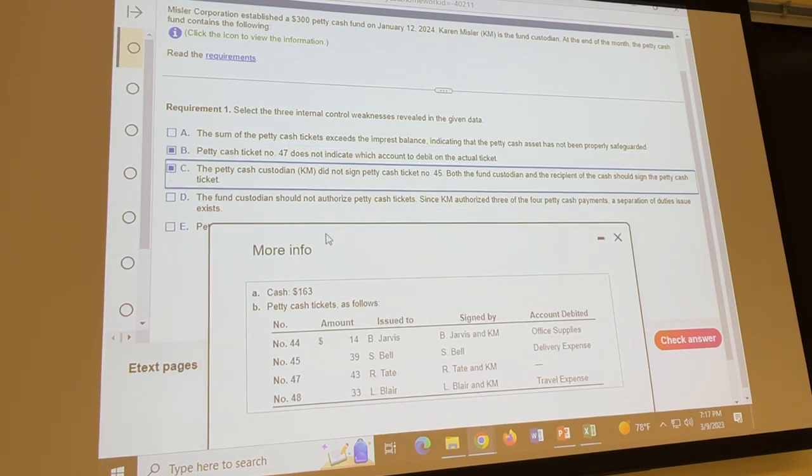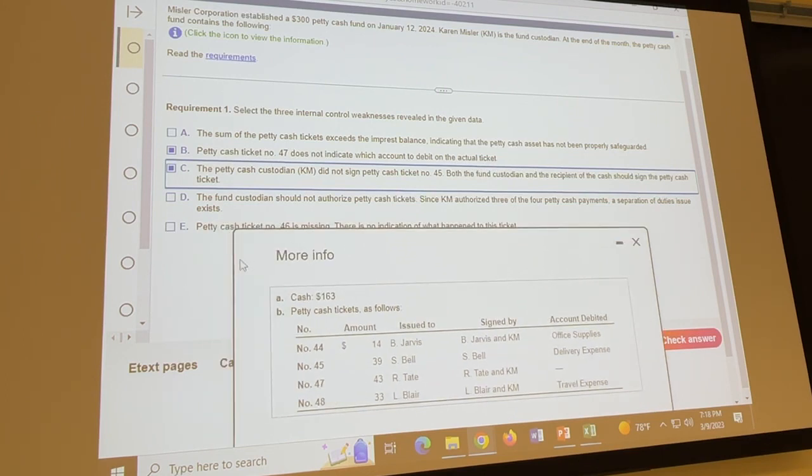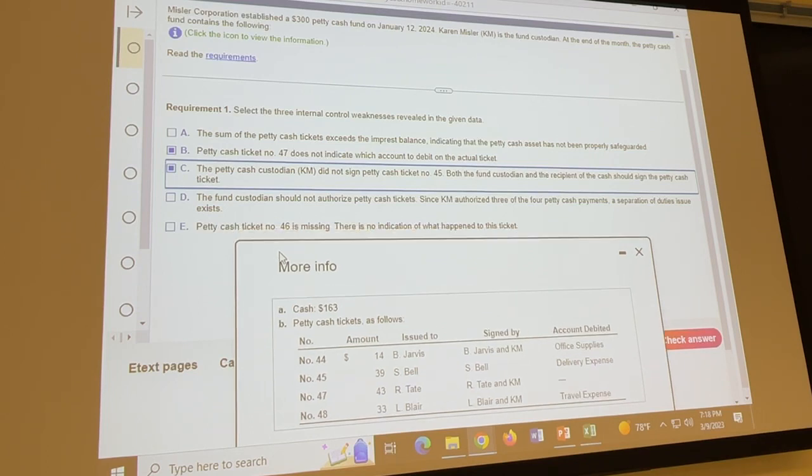And then D, the fund custodian should not authorize petty cash tickets. Since KM authorized 3 of the 4 petty cash payments, a separation of duties issue exists. Is that true? No. The custodian's the one who's supposed to authorize the petty cash tickets.